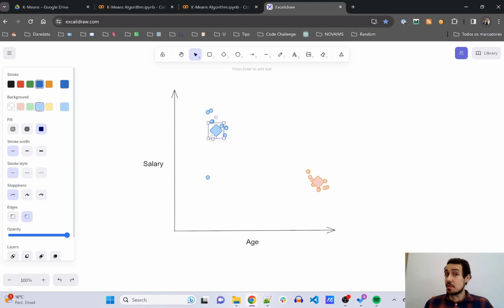But here, just know that when you have outliers, as we will see when we do our implementation, the outliers will pull the centroids apart, and that's very important that you understand, because normally you would like to remove outliers before applying a K-means solution, because you don't want to have a centroid with 2 or 3 examples or 2 or 3 observations. That is something that doesn't bring much value, okay?